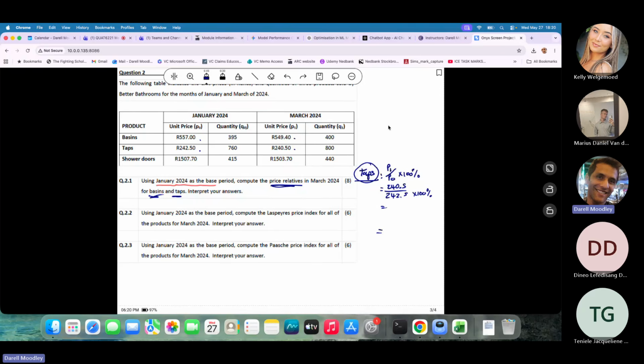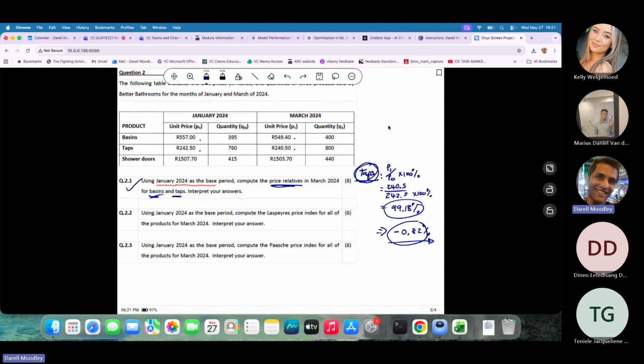You work that out and you get 99.18%. Then we subtract 100% from this value to see how much less than 100% it is, and that value is minus 0.82%. So all we need to state is the price for taps has decreased by 0.82% from January to March. And that's question 2.1.